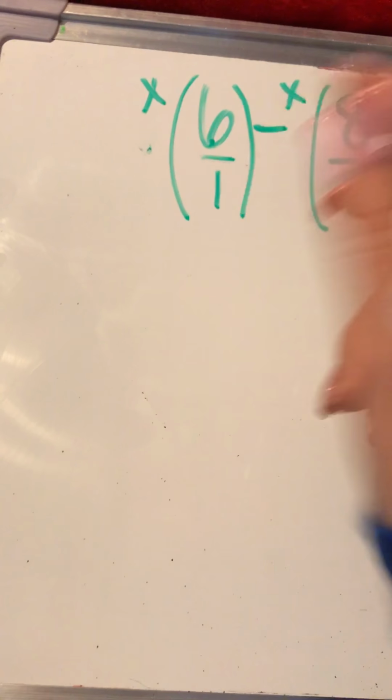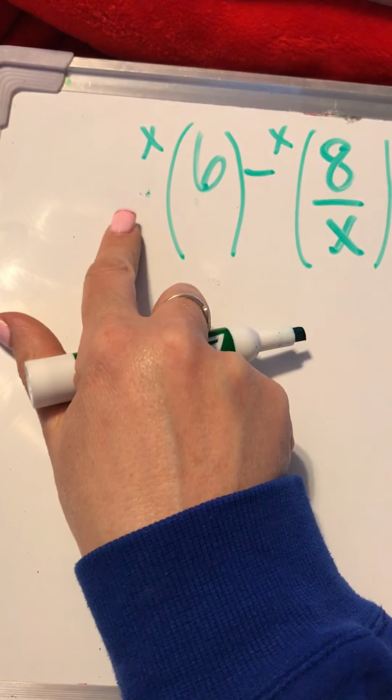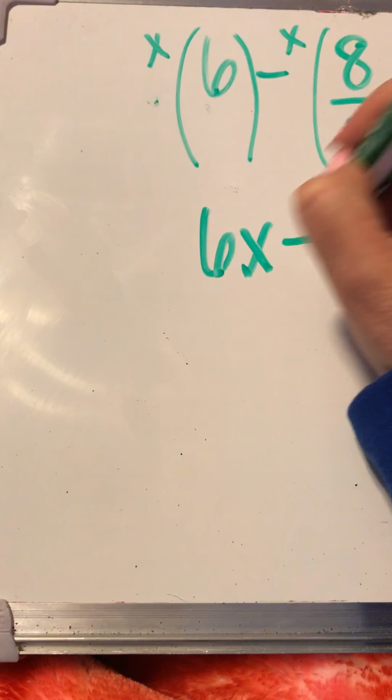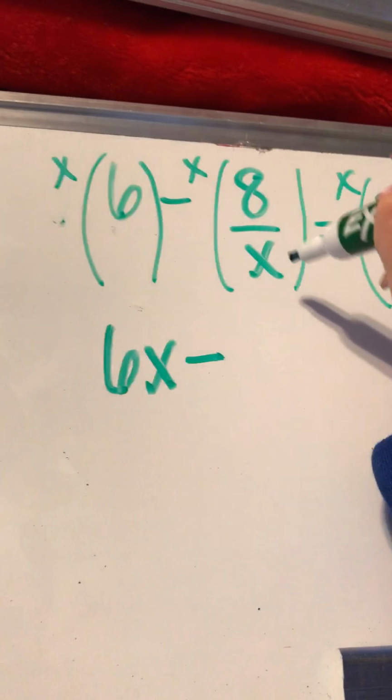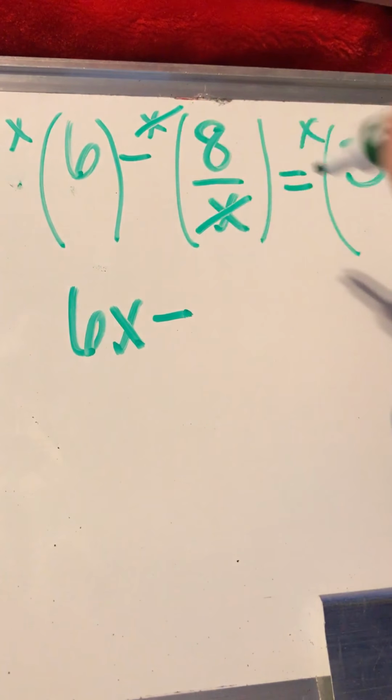In this case, I'm just going to erase those again. So x times 6, we're going to have 6x minus, now right here, because we have an x in the numerator and the denominator, these both are going to cancel out.